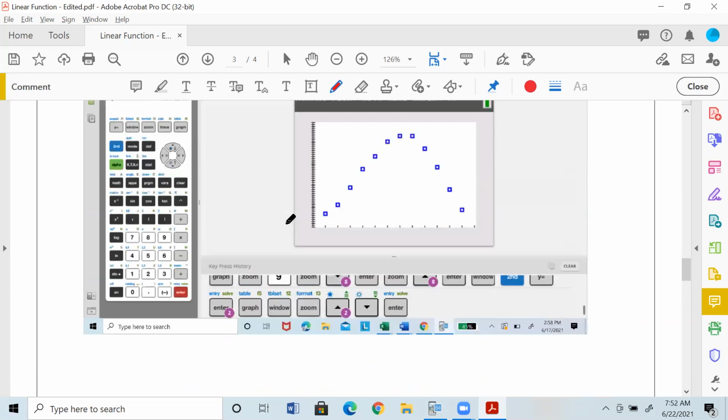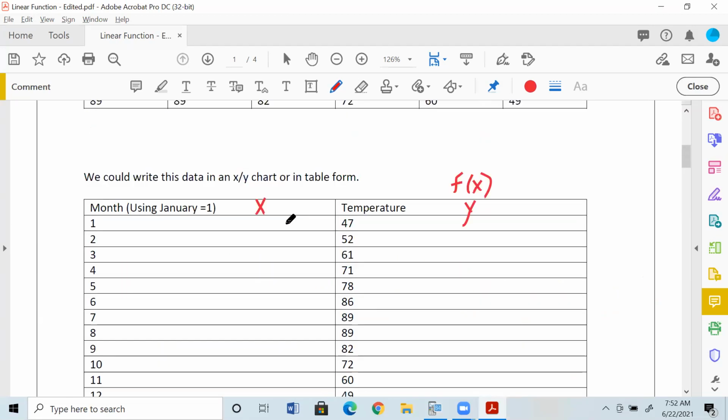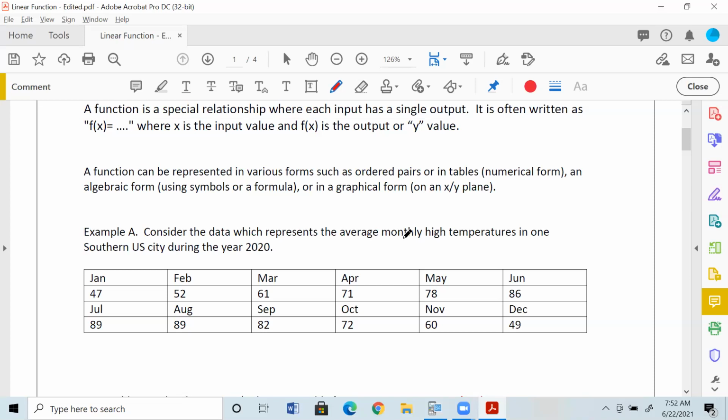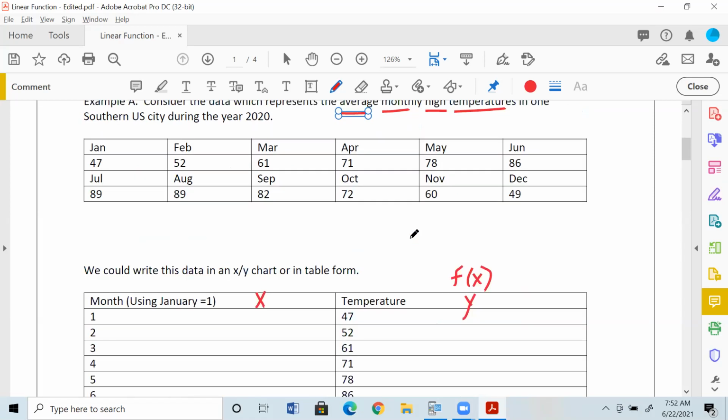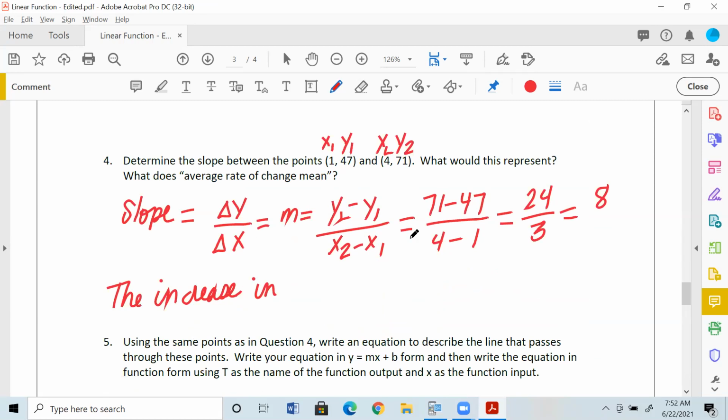Recall these temperatures, we scroll back up to the top, were average monthly high temperatures. So the average monthly high temperature increases by 8 degrees each month between January and April.